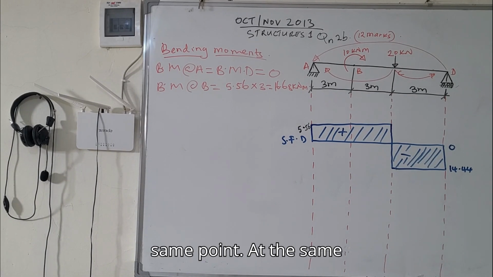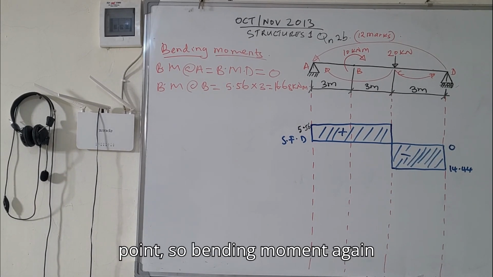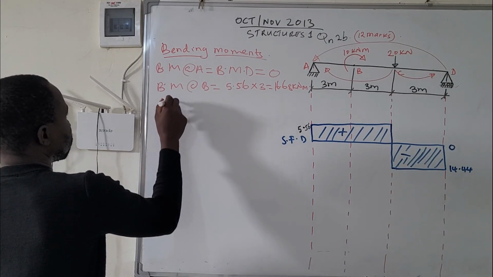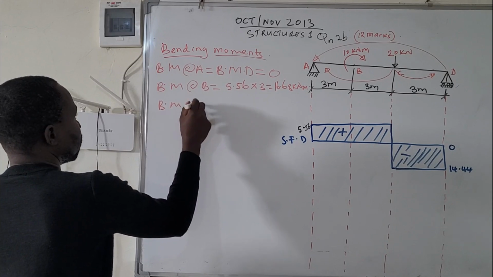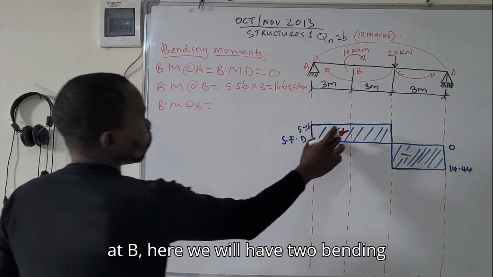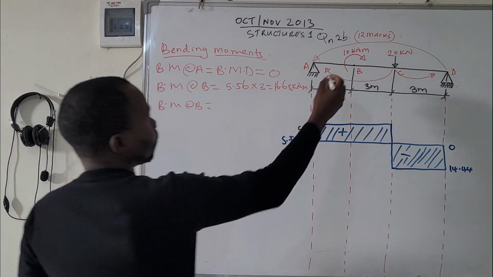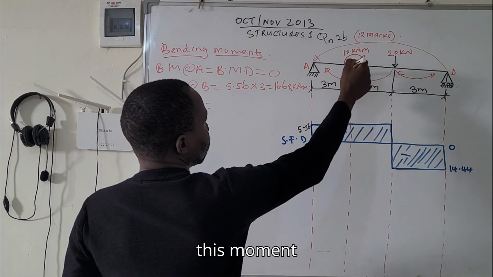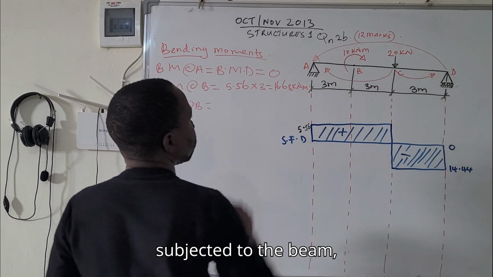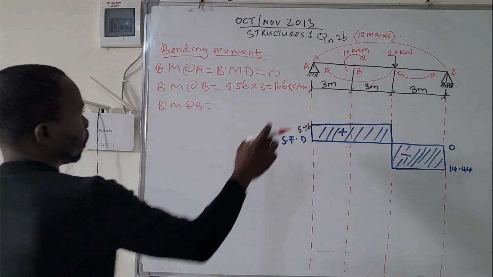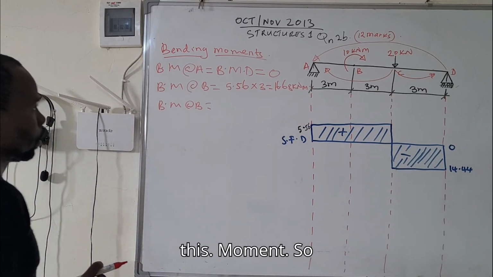At the same point, bending moment again at B, here we'll have two bending moments. Why? Because this moment subjected to the beam will affect this moment.